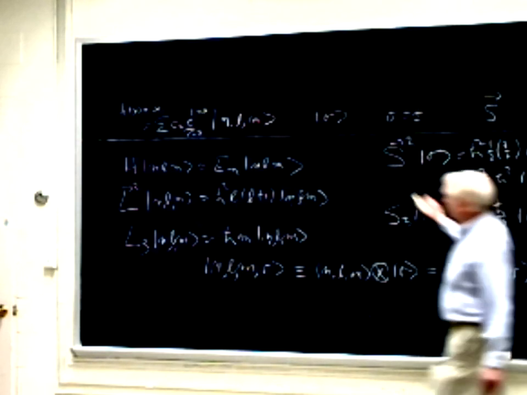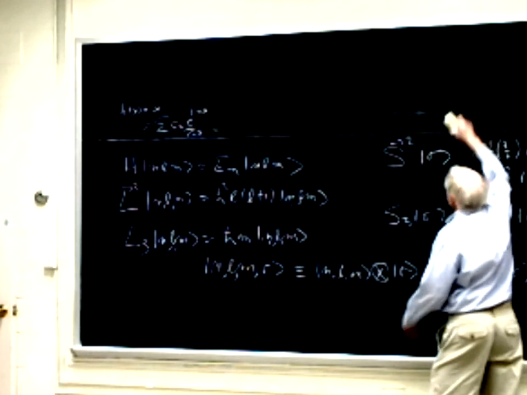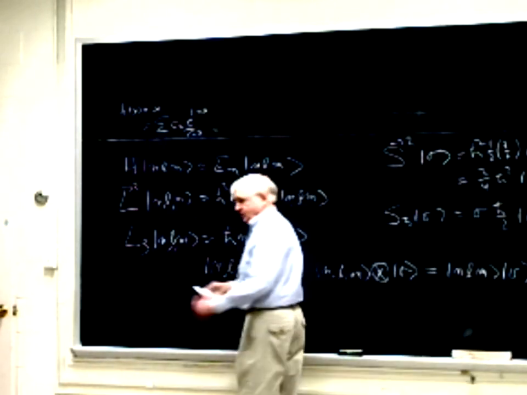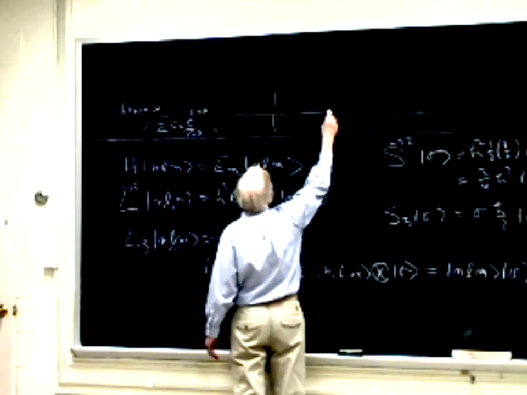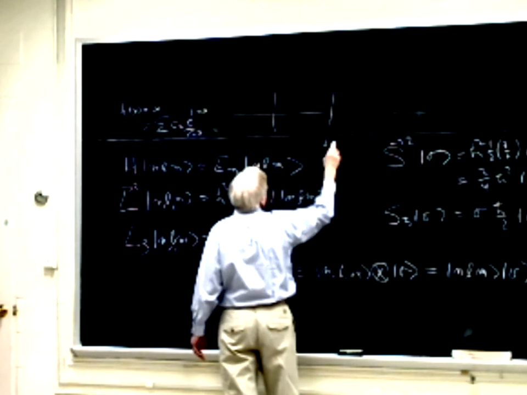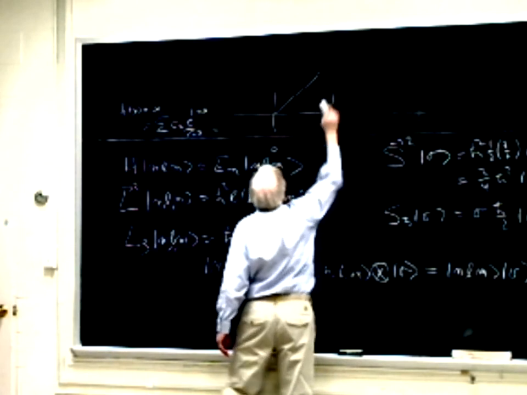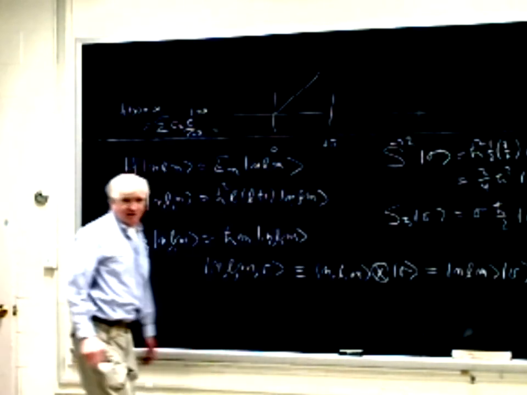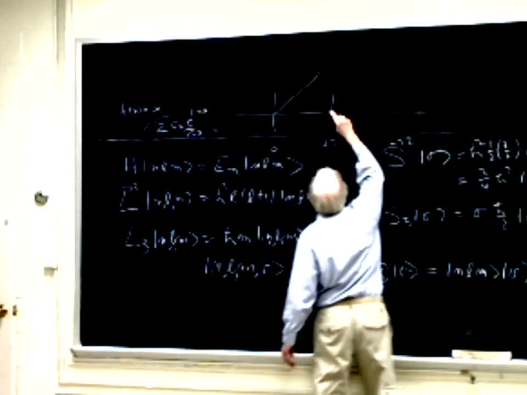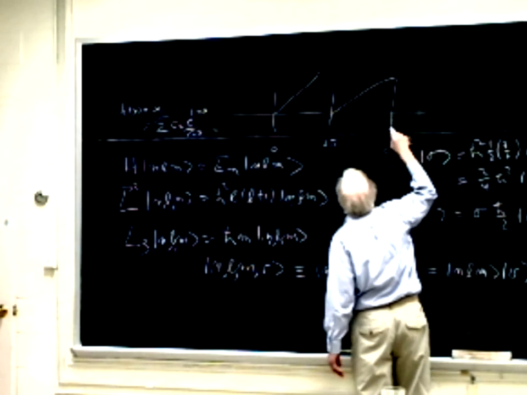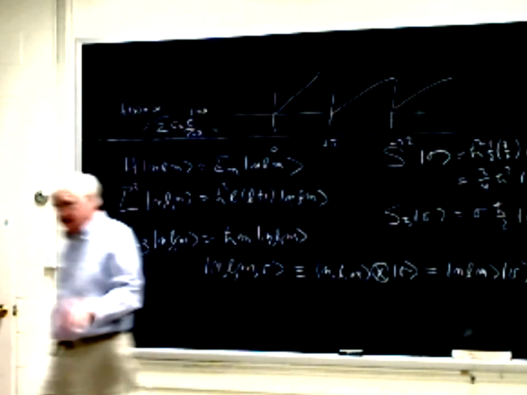So if we represented it in this way, and suppose we use the interval 0 to 2 pi, then what we would get would look like that. But then, over here, it would start again and do that. And then at 4 pi it would do this again. So that's what the series would look like.